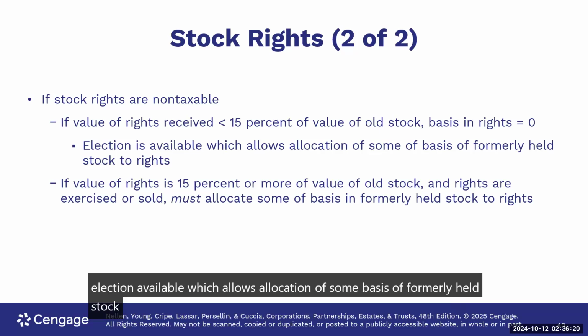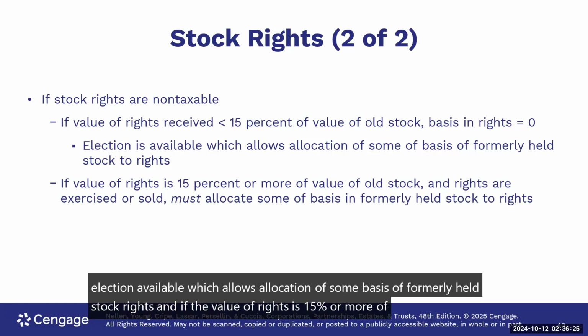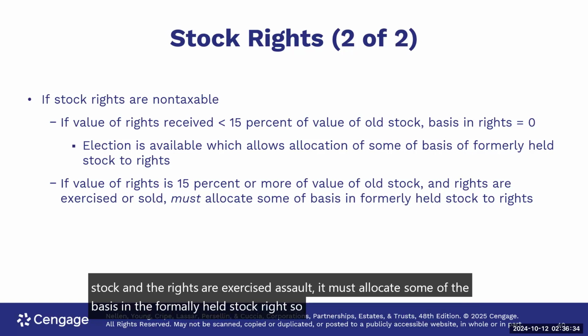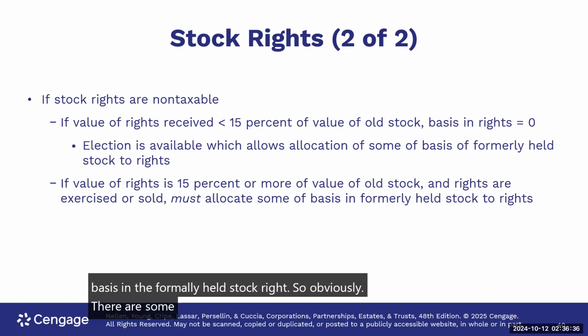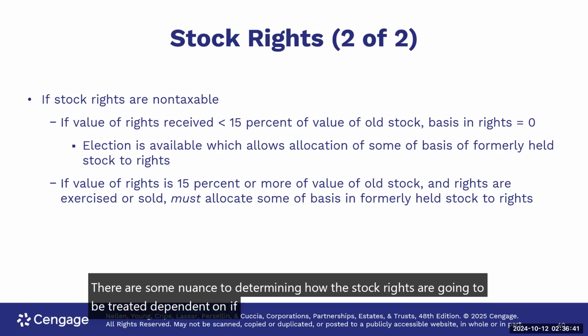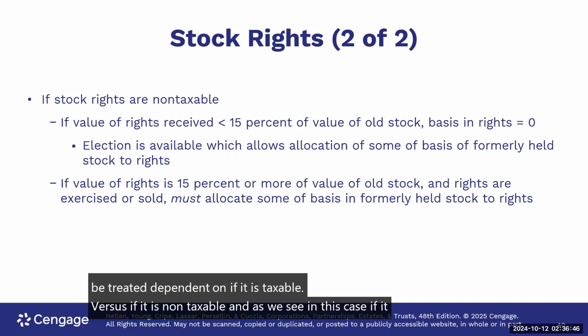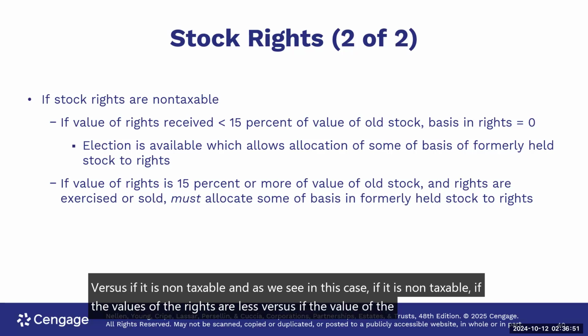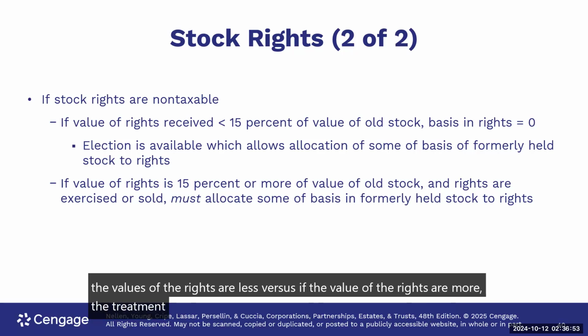And if the value of rights is 15% or more of the value of old stock and the rights are exercised or sold, you must allocate some of the basis in the formerly held stock to the rights. So obviously there is some nuance to determining how the stock rights are going to be treated, depending on if it is taxable versus if it is non-taxable. And as we see in this case, if it is non-taxable, if the value of the rights is less versus if the value of the rights is more, the treatment is different.